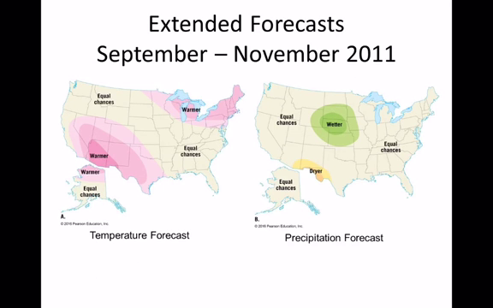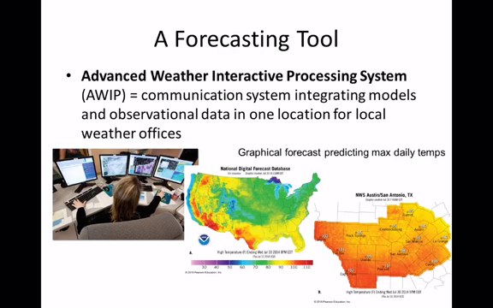So these are long-range forecasts. The first one's for temperature, the next one's for precipitation. They look kind of like the convective outlook, which is much more accurate than these. They just generally say, for these three months, is your temperature going to be warmer or cooler? Is your precipitation going to be more or less than usual?